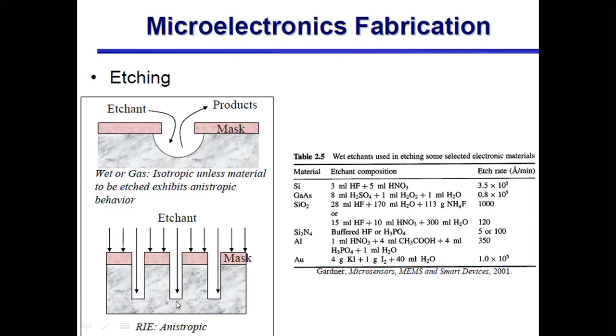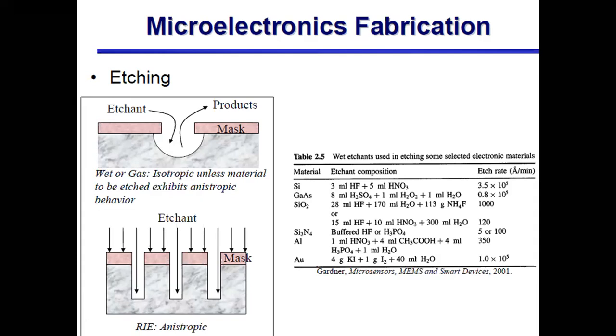In anisotropic etching, the rate of etching is different in different directions. You could see that in this direction the rate of etching is very high. However, in the lateral direction, the rate of etching is almost negligible, zero.